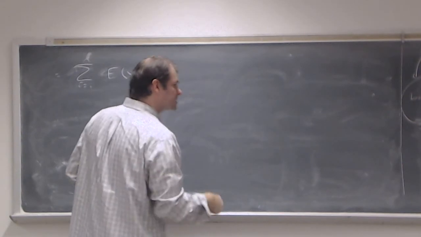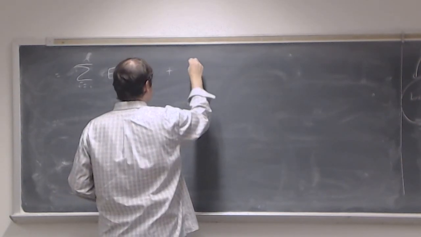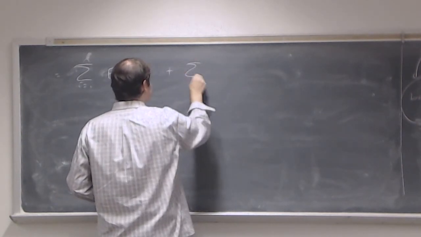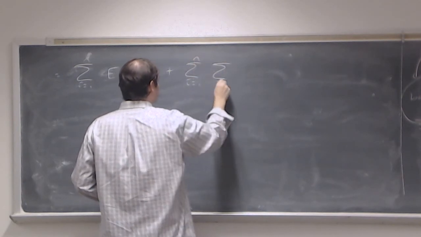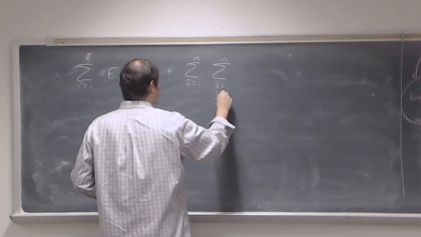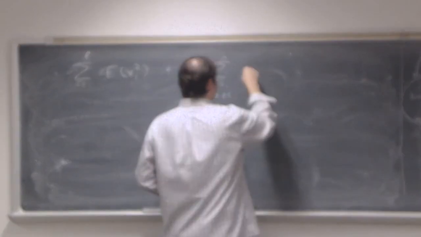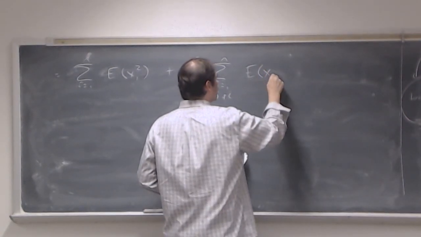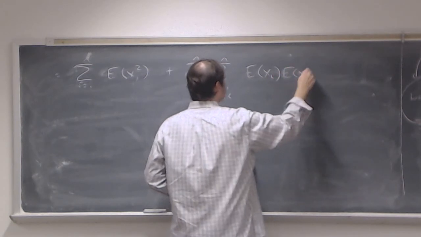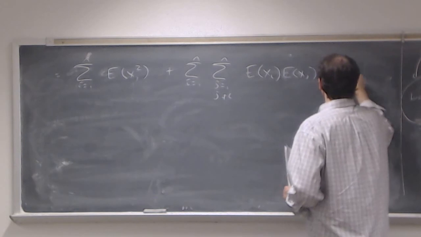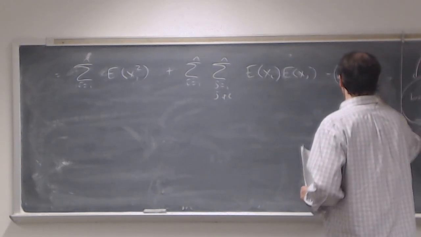And then it's plus, do the independence again. This is going to be the sum, as i runs from 1 to n, and j runs from 1 to n, j being different than i, of the expected value of x_i times the expected value of x_j, minus n times mu b squared.